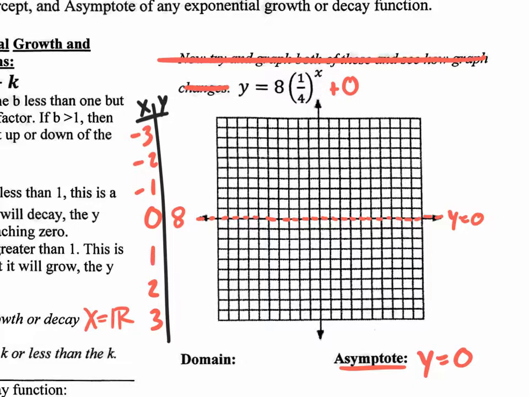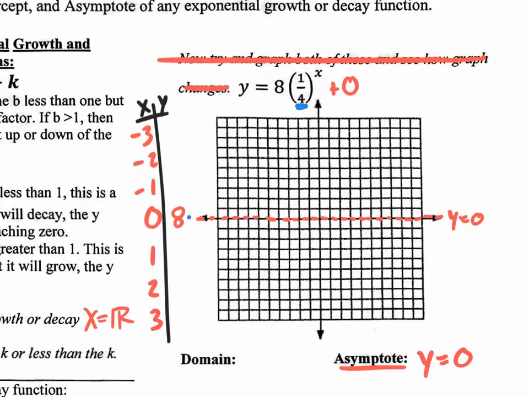Now what do I mean by that? With the growth factor, or in this case, decay factor. What is this, growth or decay? It's decay. Why is it decay and not growth? It's less than 1. 1/4 is less than 1, which is going to cause it to shrink. If you get any number you want and multiply it by 1/4, it'll make it smaller. So it's definitely going to be a decay function. So I could use this decay of 1/4 to get my next output.